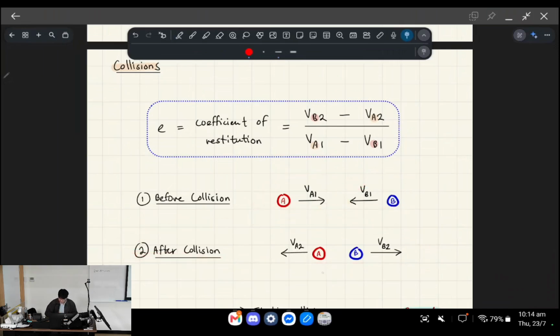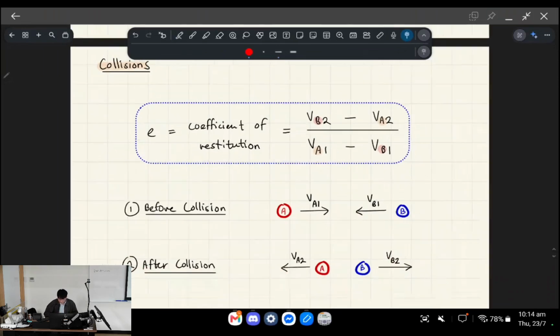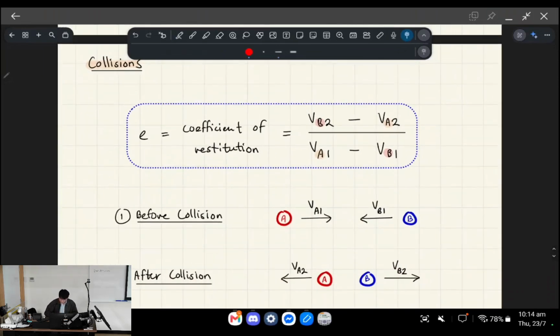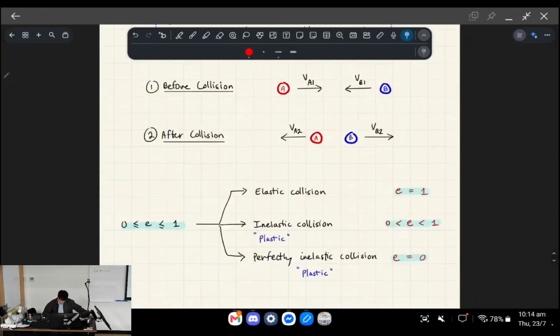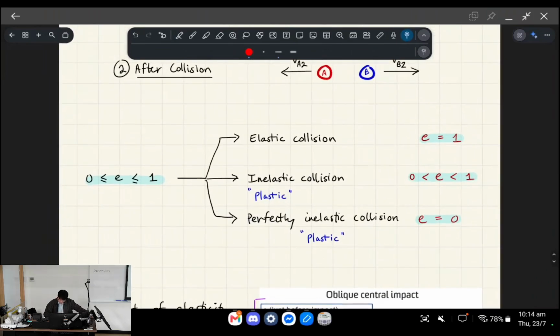After the collision, they're headed away from each other, right? So there's a relationship in terms of this value E, which tells you how much of the speed of those two objects is conserved after the collision. So if you have an E value of 1, that's a perfectly elastic collision. That means that all of the momentum is conserved in that collision.